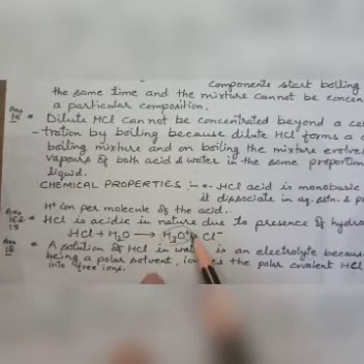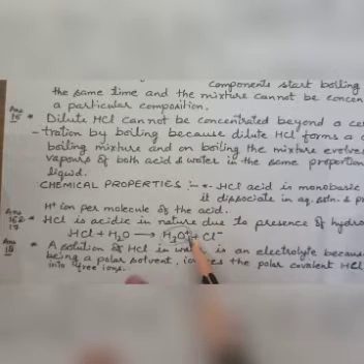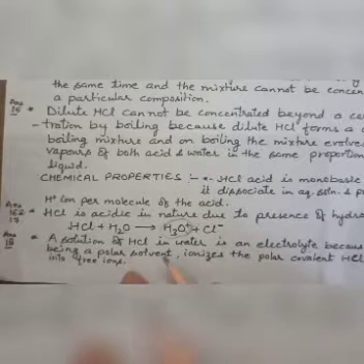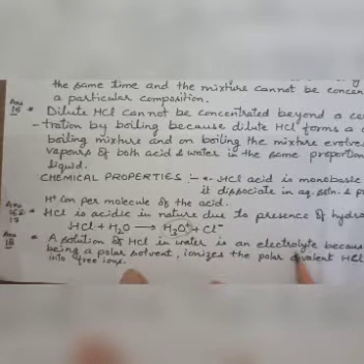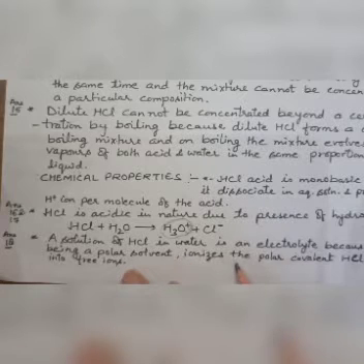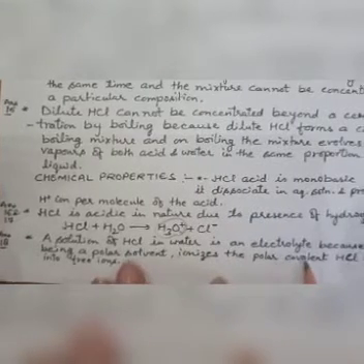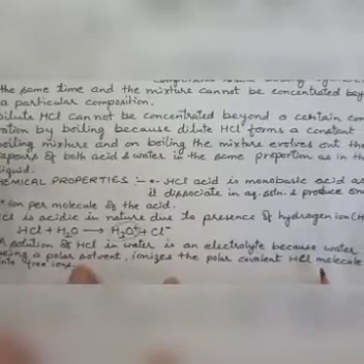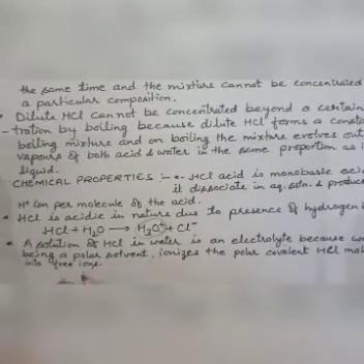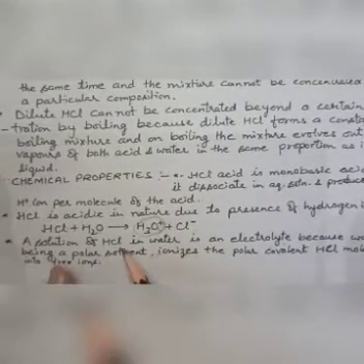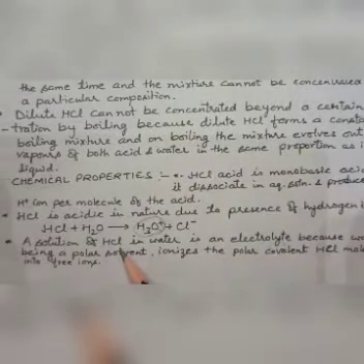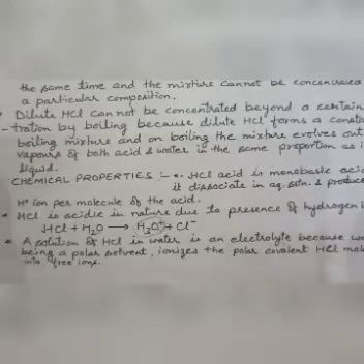Now next question is: the solution of HCl in water or in toluene is an electrolyte. Now your answer is, a solution of HCl in water is an electrolyte because water, being a polar solvent, ionizes the polar covalent HCl molecule into free ions, and just because of these free ions a solution of HCl in water acts as an electrolyte, right?